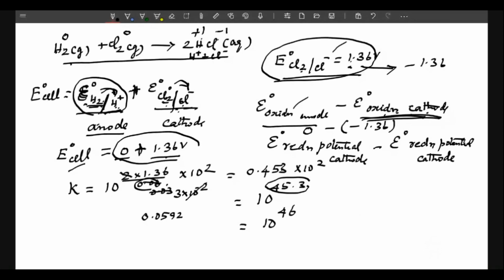This minus and this minus cancels, 1 into plus. You will end up with once again this one. Therefore, you can follow any one of the three methods, and I am following this method. Oxidation potential of anode plus reduction potential of cathode would give you the cell EMF. Do you understand the problem?